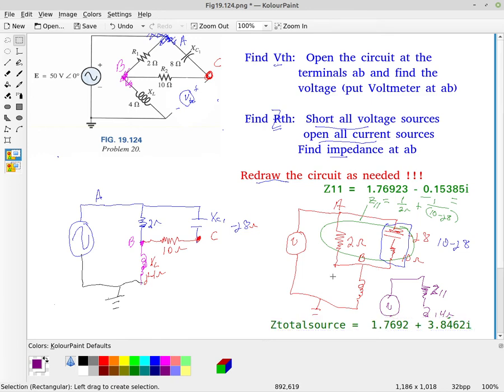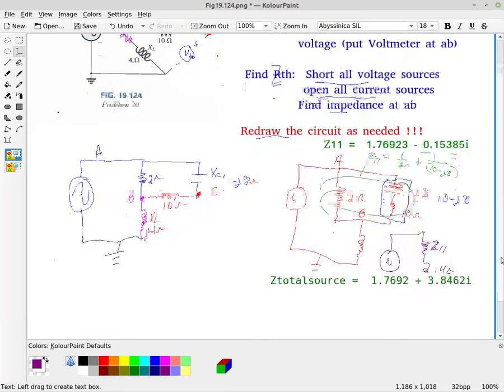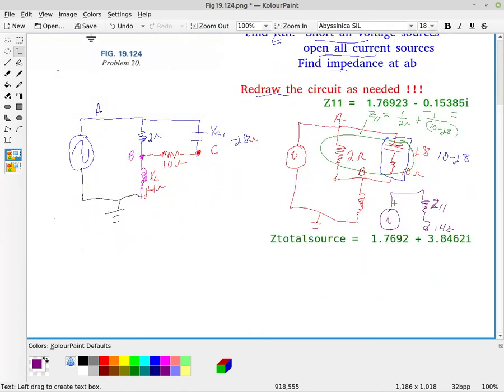So now we have to go back through, and we're looking for the voltage from point C up here to ground. So we have to go back and calculate the current through the 10 ohm and find the voltage at VB, then add those together to get that.